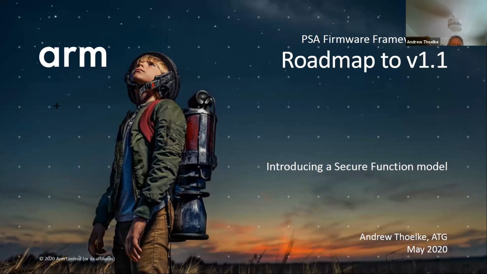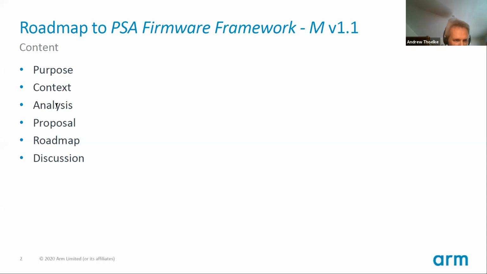Indeed. Okay. So the wider context is trying to solve some problems around the whole firmware framework at the architectural level, as well as doing that in collaboration with TFM, so we have an architecture that actually tracks the implementation and vice versa. The subtitle down here, introducing a secure function model, is a hint at what the main objectives are.